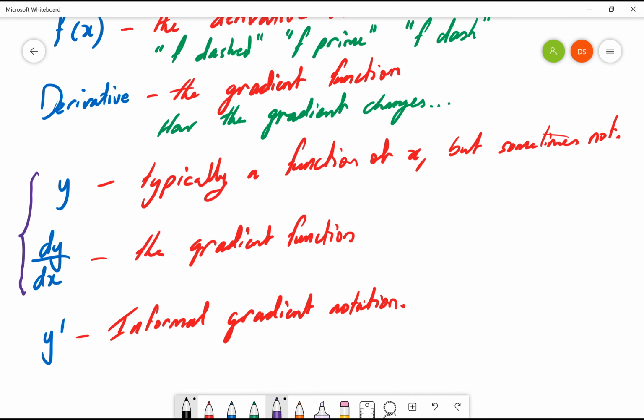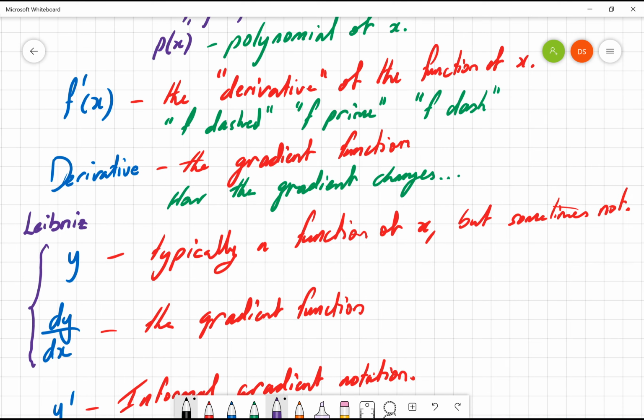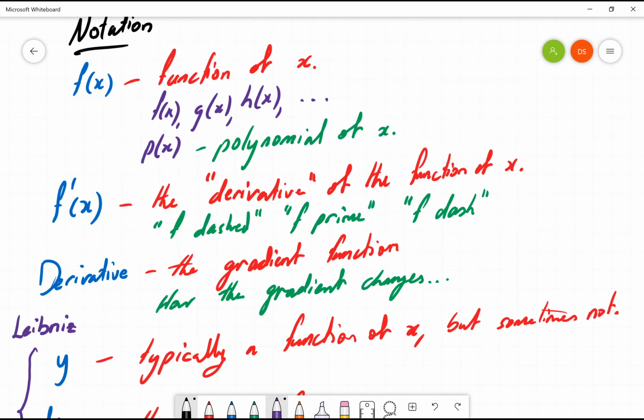So this notation is called Leibniz notation, and I'm going to spell this wrong, so I'm going to just search it up really quickly. There's two famous mathematicians, Leibniz and Newton, and Leibniz is spelt like this. So all of this is called Leibniz notation when you use dy by dx kind of situation. Whereas up here, this kind of functional notation is called Newton's notation or functional notation.